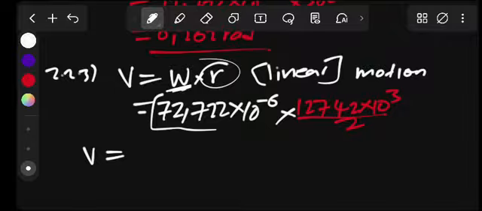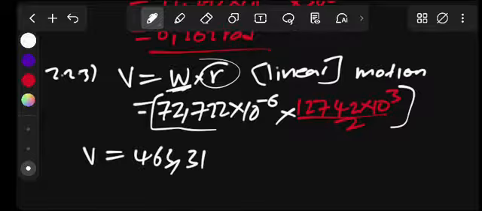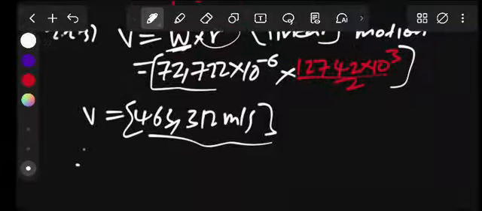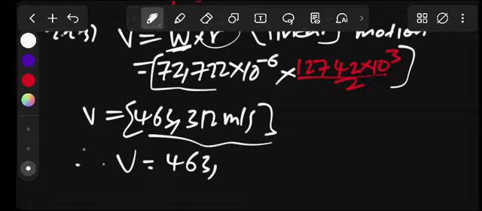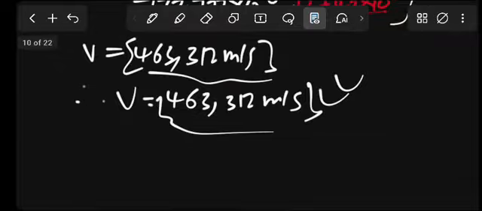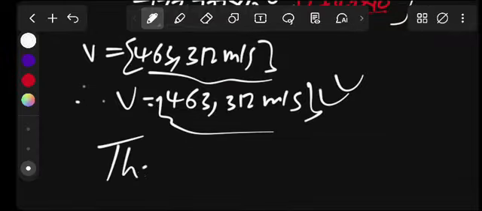Simply it will give 463,312 meters per second. So this is what we have there. Our velocity is 463,312 meters per second.